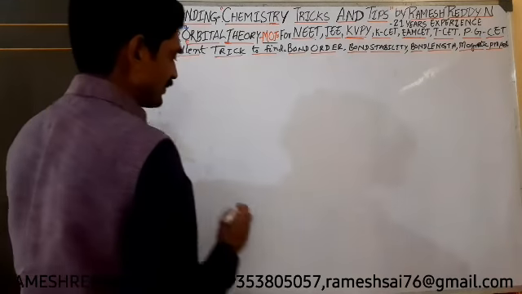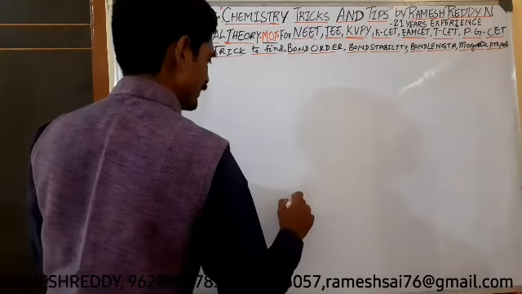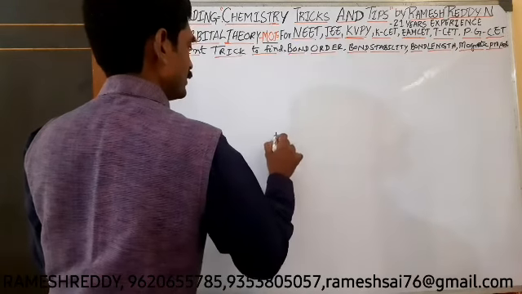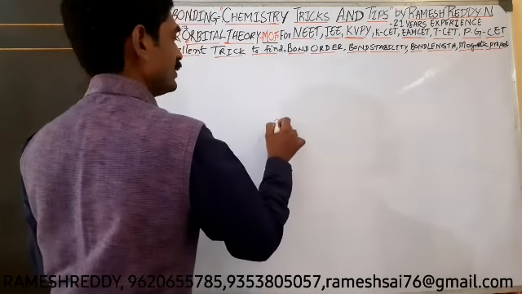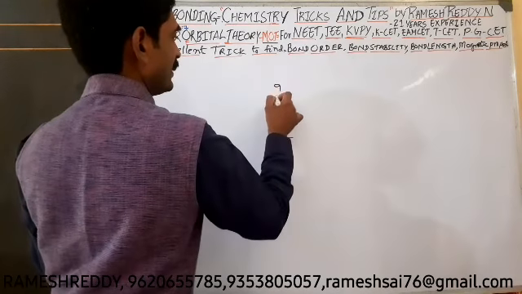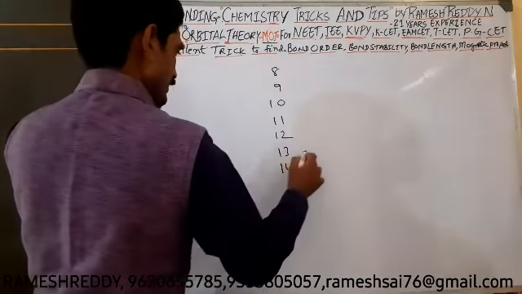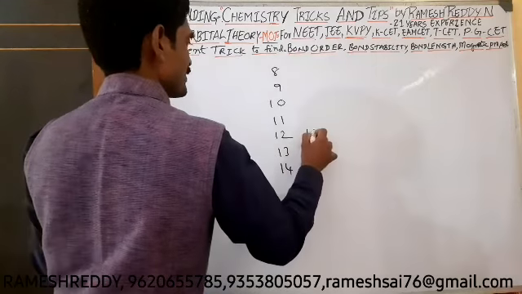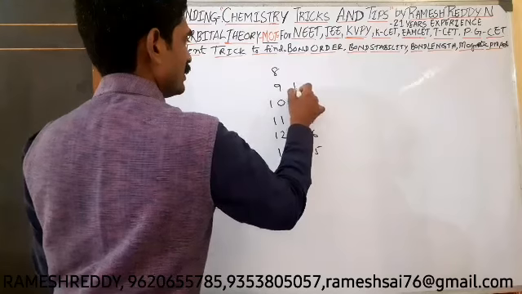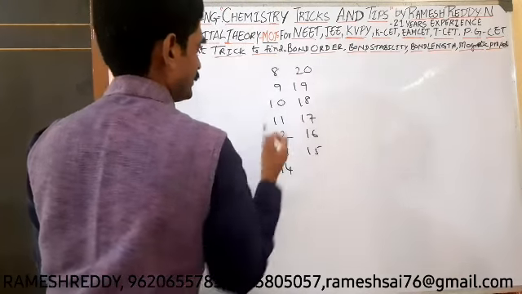See, now first I am giving the total number of electrons in a molecule. It may be 14, 13, 12, 11, 10, 9, 8. Next 15, 16, 17, 18, 19, 20.